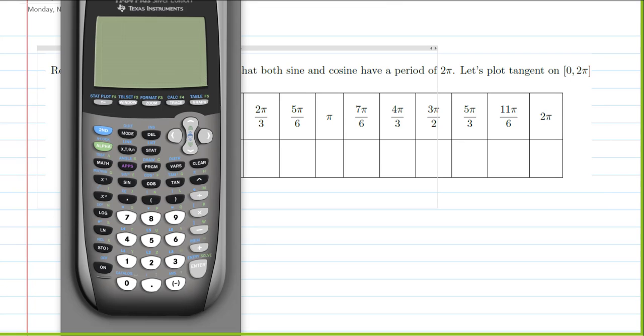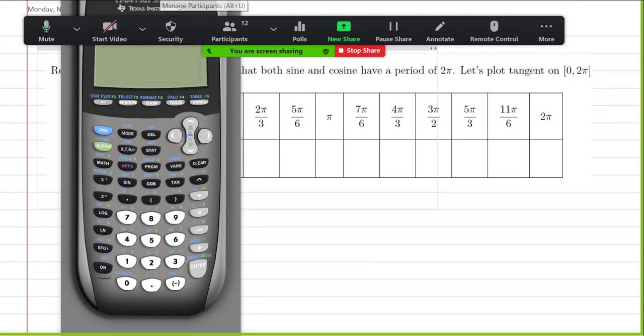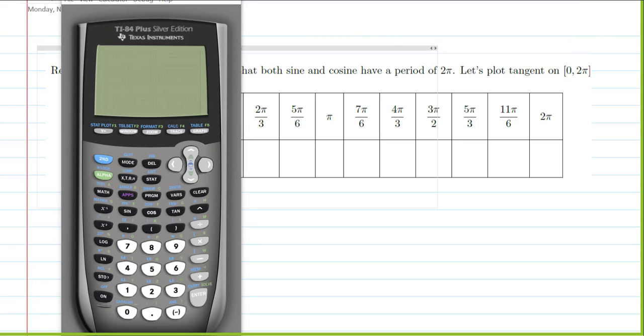So let's go ahead and generate this table on our calculator. If we go into our y equals, I'm going to do sine, I'm going to do cosine.